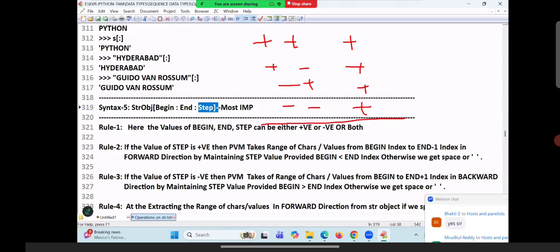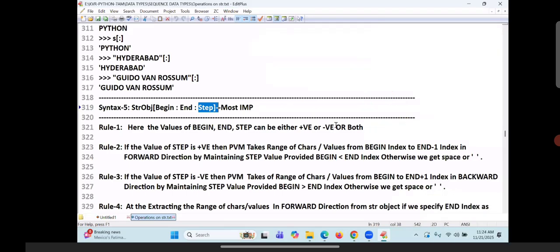These are all forward. Do you remember this? Next is called what I said? Plus plus with negative, minus minus with negative, plus minus with negative, minus plus with negative. These are all in Python level only I said. Nobody knows. If you ask any questions, totally out of order.